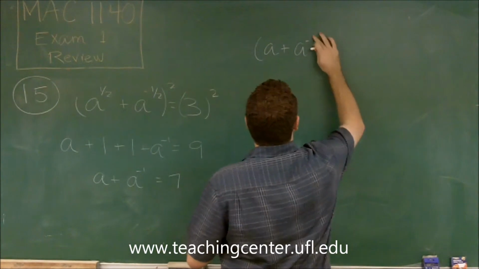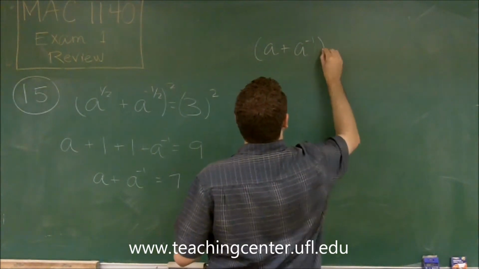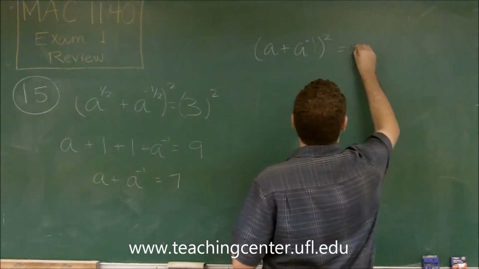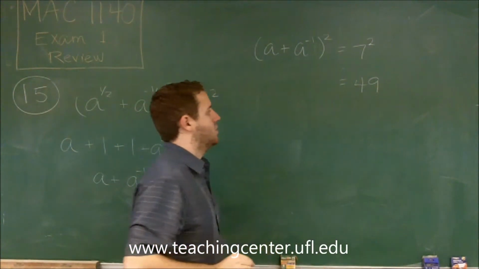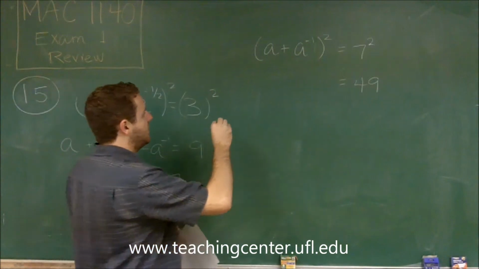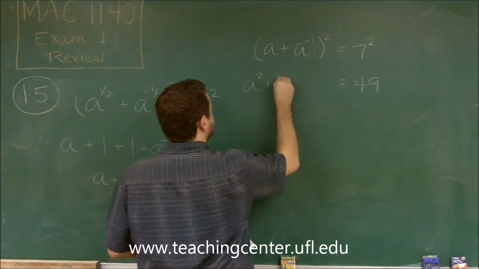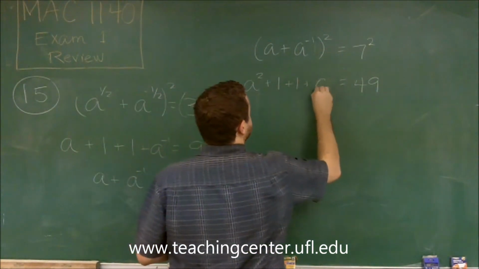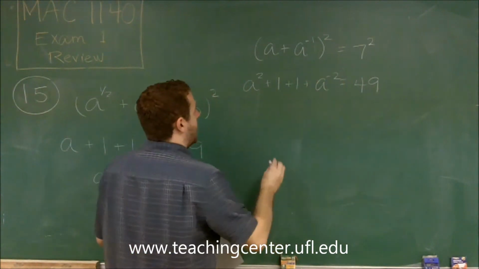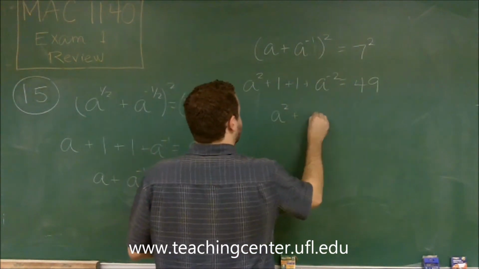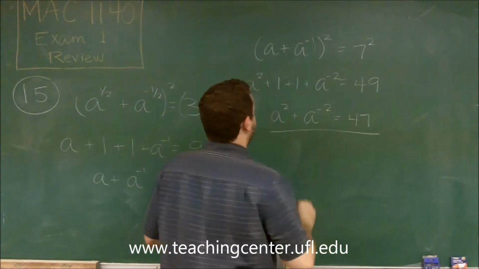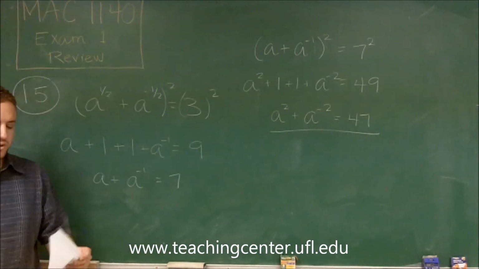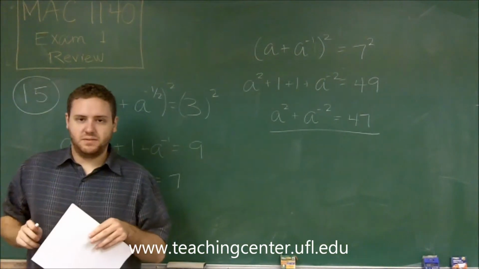So we're going to do a plus a to the negative 1 squared equals 7 squared. Over here, of course, we get 49. Here we're going to get a squared plus 1 plus 1 plus a to the negative 2. And now by subtracting the 2 over, we get that a squared plus a to the negative 2 is equal to 47.